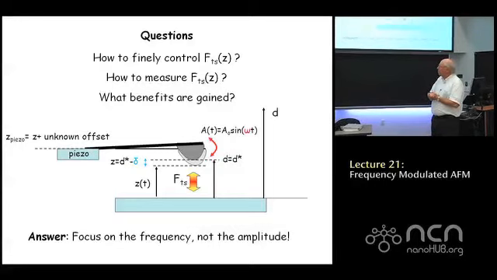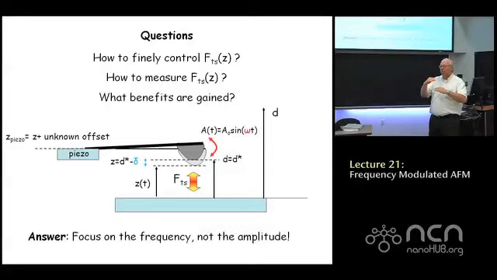That distance D is then modified by the turning on of the tip sample forces. So if there's no interaction between the tip and the substrate, you can position the tip at a particular distance above the substrate and it'll stay there.